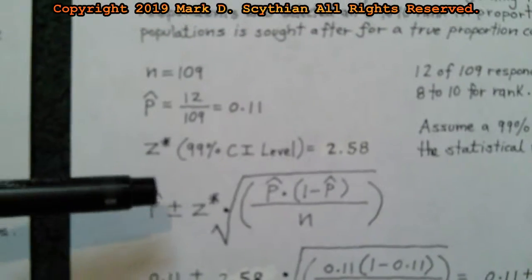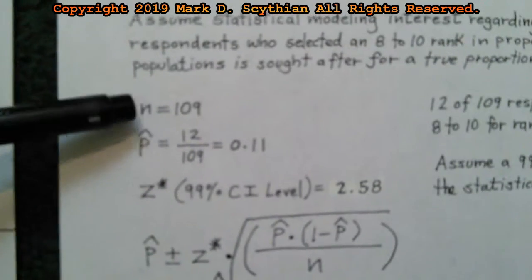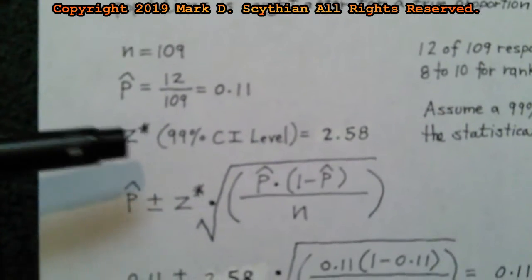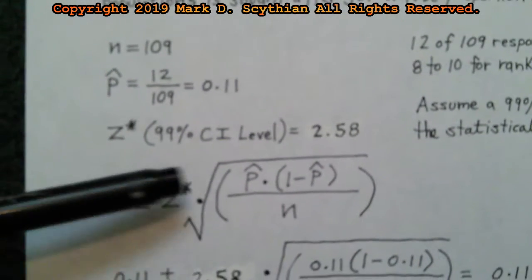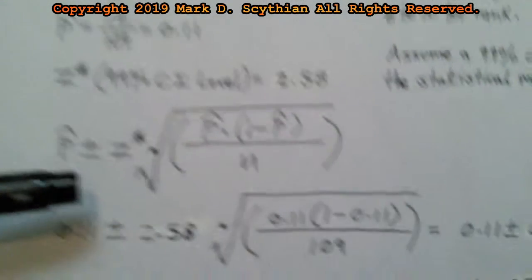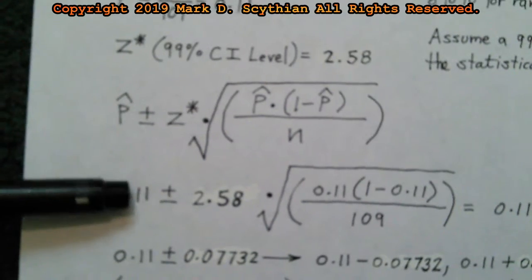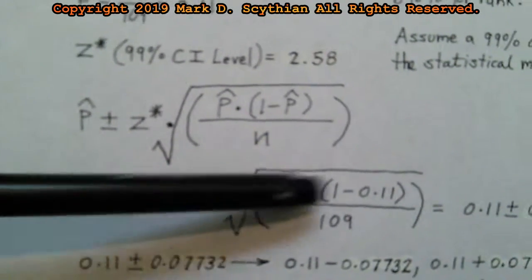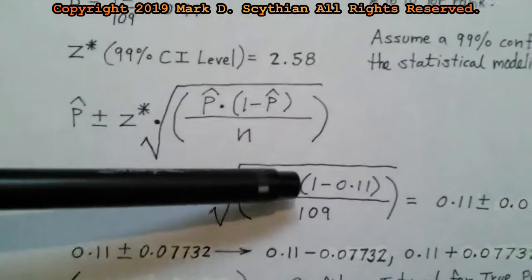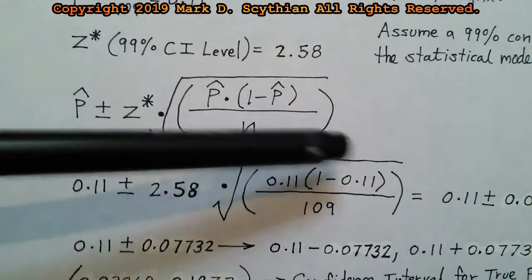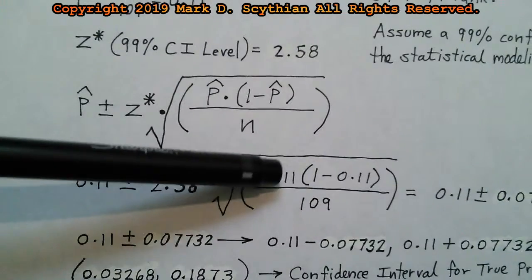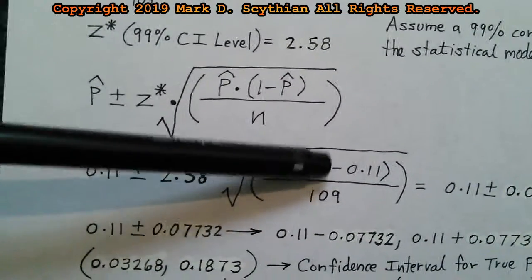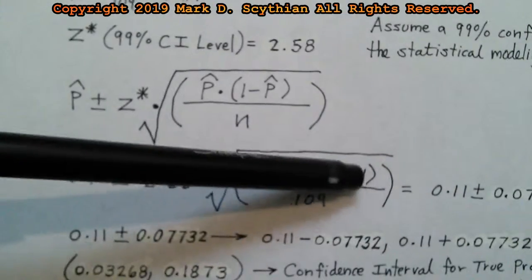From that point on, you've established the p hat, you have the n, and you don't need the TI-84 because you don't have to do any t-star calculations on this one. You would simply enter 0.11 plus or minus 2.58 times the product of the success times the failure. The success of getting 8 to 10 is 11%, or 0.11, multiplied by the difference of that, the failure.